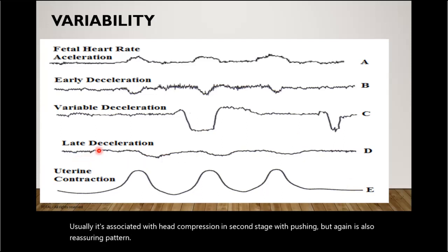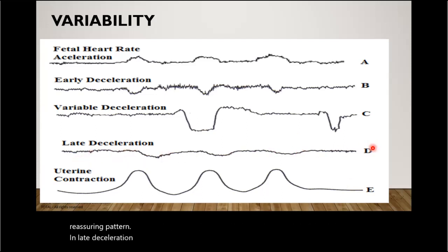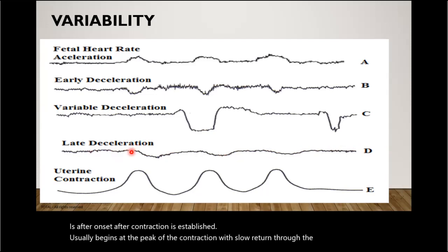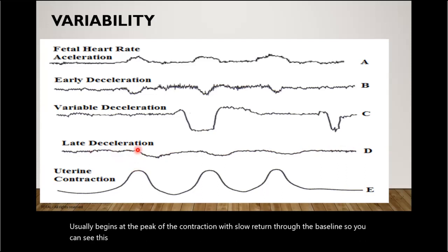In late deceleration, which is this D, the onset is after the contraction is established, usually beginning at the peak of the contraction, with a slow return to the baseline. You can see this is the peak of the contraction, and that is when your deceleration starts to occur.